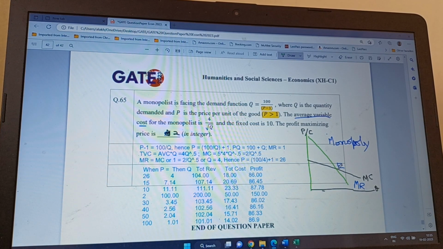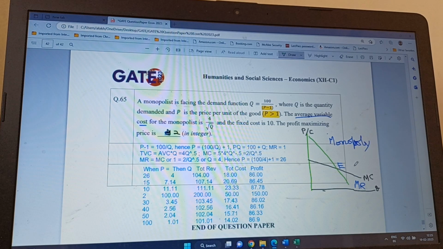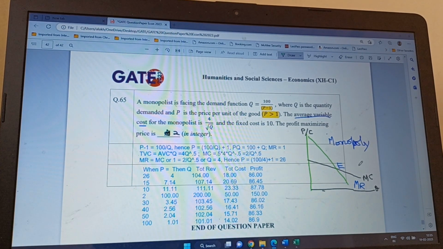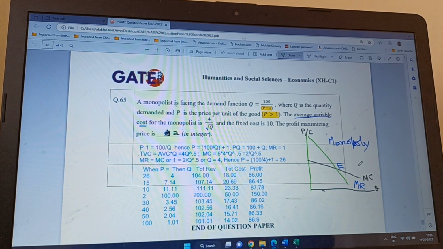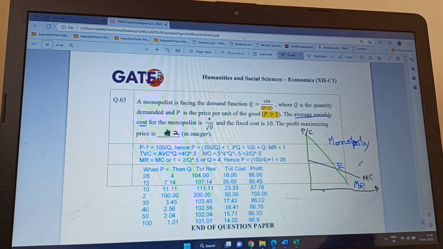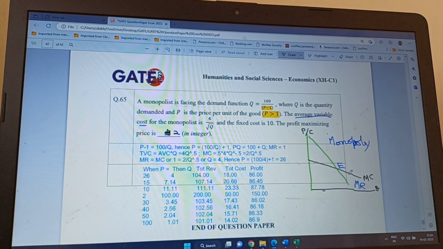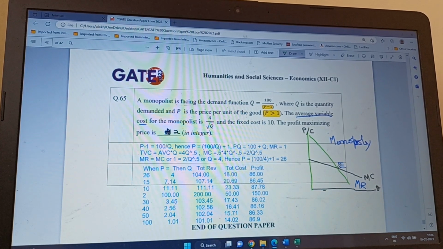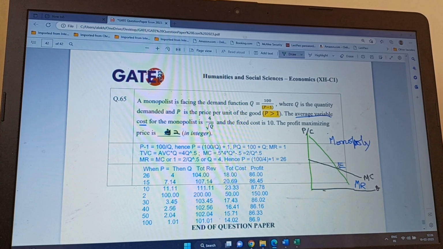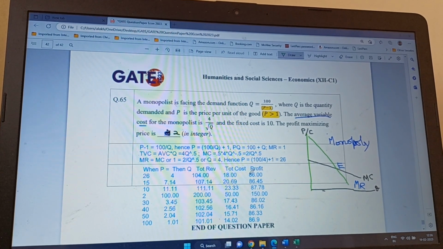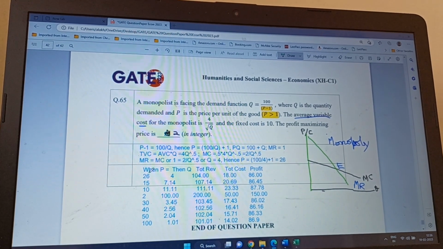Only in perfect competition, since MR is a horizontal parallel line, having zero slope, MC must be rising. The thing is that MC has to be more than MR beyond the equilibrium point. So that brings us the equilibrium condition. Since MC is actually more than MR, the equilibrium will happen.